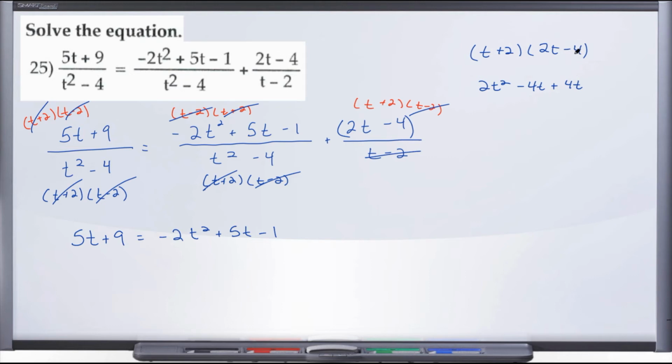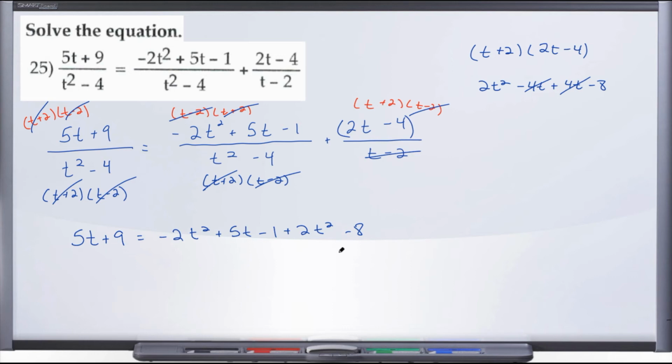And we have 2 times negative 4 is minus 8. And so 4t, one's negative, one's positive. They cancel each other. So here we're just left with plus 2t squared, and minus 8.